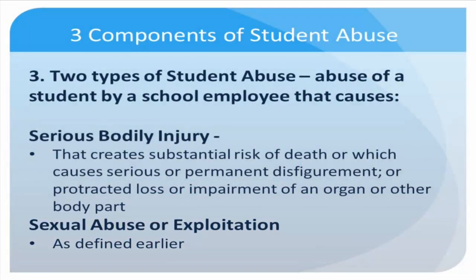As a reminder, sexual abuse or exploitation involves the employment, use, persuasion, inducement, enticement, or coercion of any child to engage or assist any other person to engage in any sexually explicit conduct or any simulation of any sexually explicit conduct for the purposes of producing any visual depiction of any sexually explicit conduct, or the rape, molestation, incest, prostitution, statutory sexual assault, or other form of sexual exploitation of children.